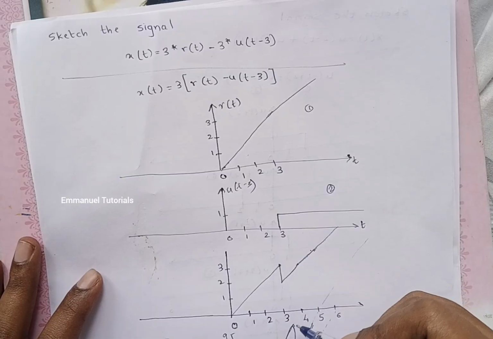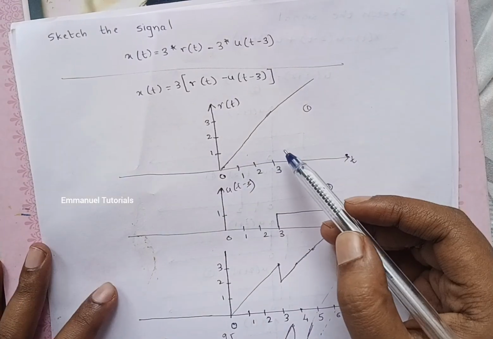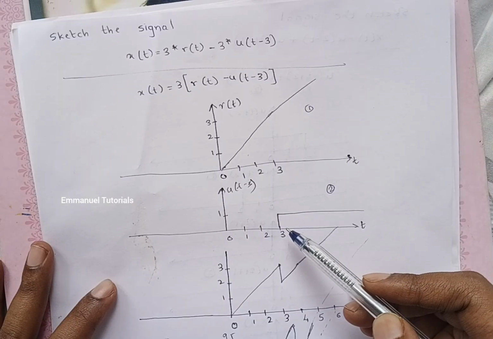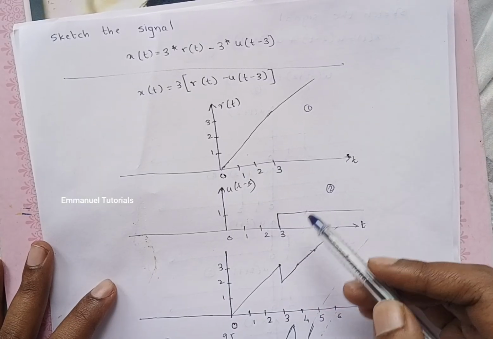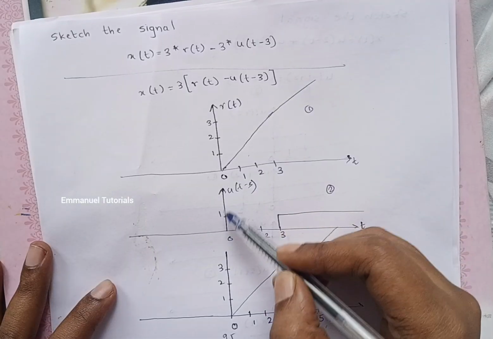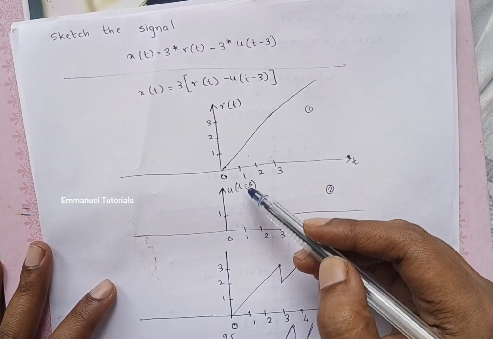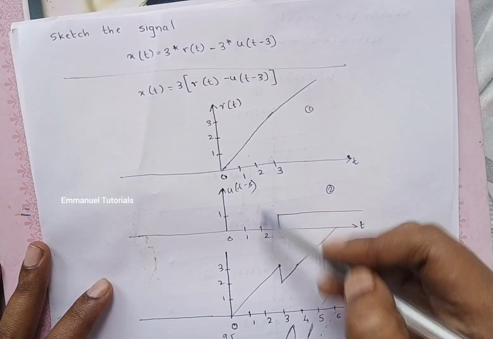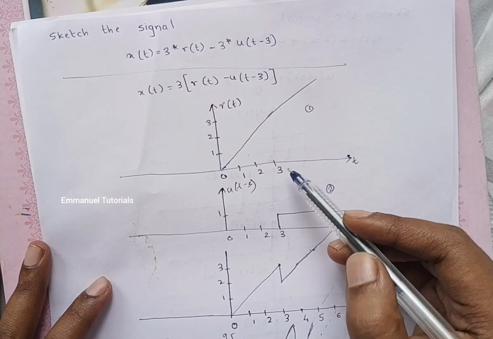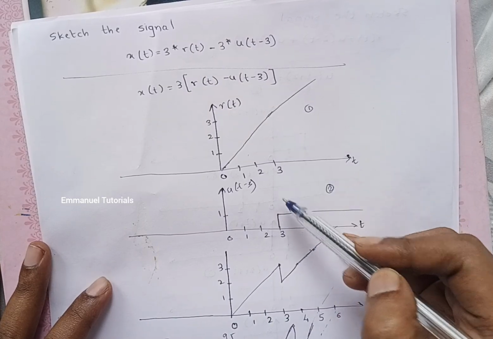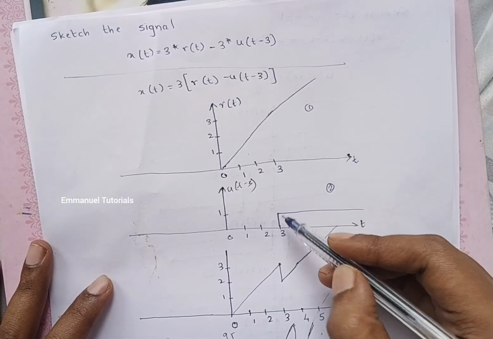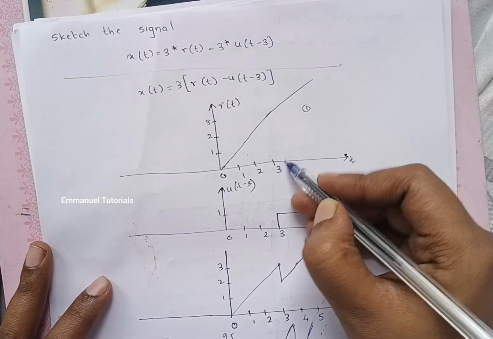At t equal to 3, you can see that first signal's amplitude is 3, second signal's amplitude is 1. Sorry, for the first parts it is a subtraction, so even if you subtract with 0, it's going to be the same signal. For the point at 3, 3 minus 1 is 2, but it's not a direct one.